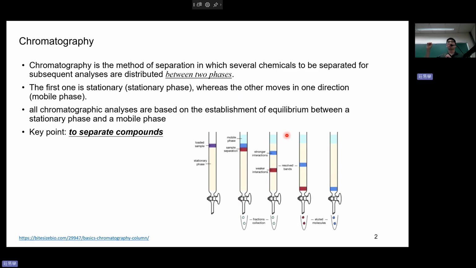The mobile phase in this case is water, and the stationary phase, I don't know exactly what is inside, but let's take a C18 column as an example. The C18 column has long carbon chains on the surface. So compounds A, B, C, D, E would have different affinity towards the C18 surface, and at the same time also have different affinity with the water phase, right?